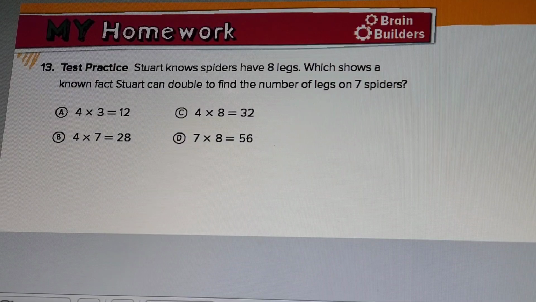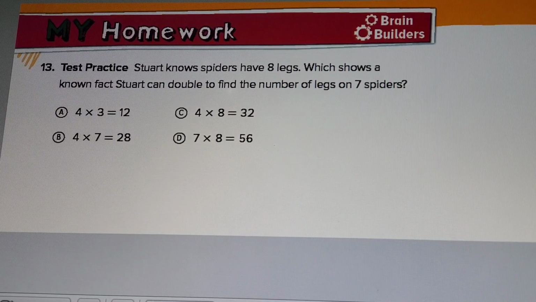My homework, Brain Builders, number 13, test practice. Stuart knows spiders have 8 legs, which shows a known fact Stuart can double to find the number of legs on 7 spiders. Which is a fact he can double to find out how many legs are on 7 spiders?